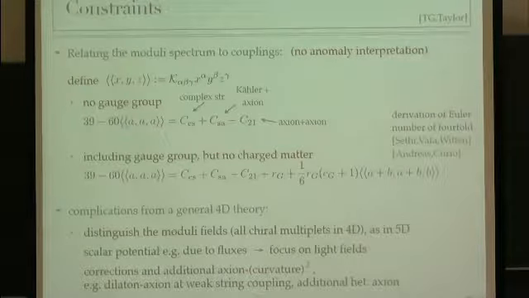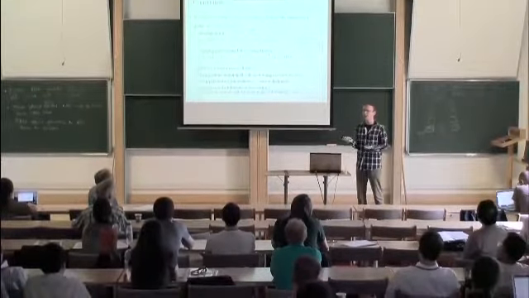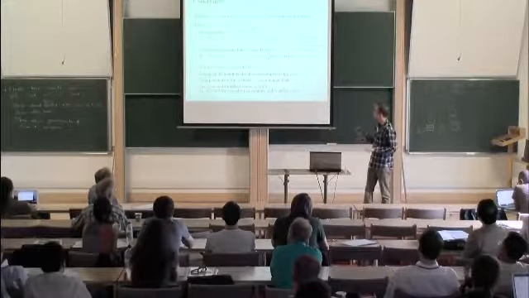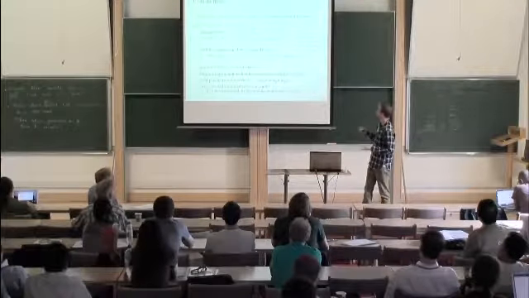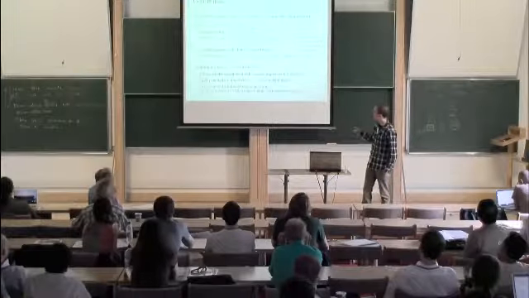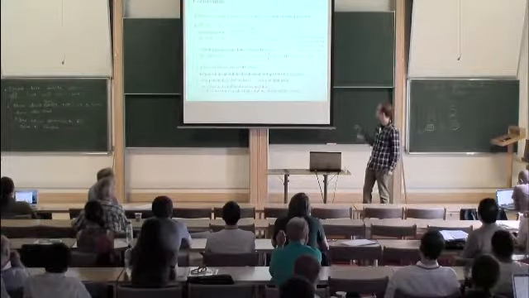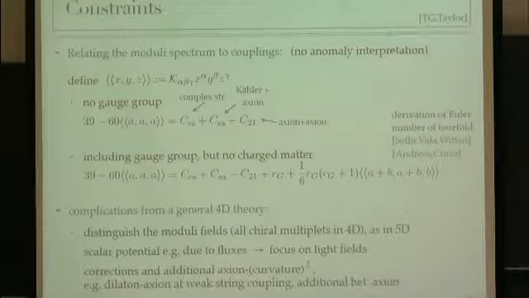It's not really phenomenologically appealing, but you get some link between the spectrum and some terms in the effective action, despite the fact that you have no anomalies. You can also include gauge groups, and this equation becomes a little bit more fancy, but again it relates these topological terms, the coefficients of these topological terms, to the spectrum.